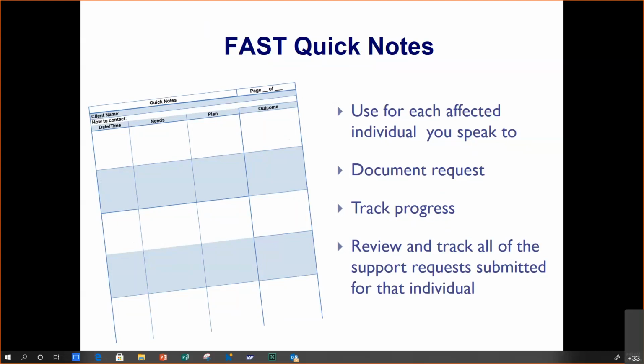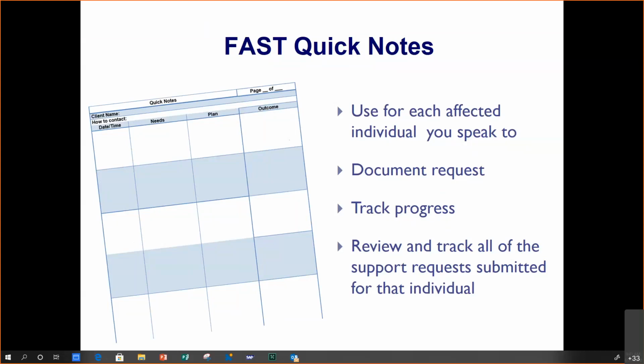So rather than putting down this person has sleep apnea, which would be a medical condition covered by HIPAA or personal information requirements, you put down this person needs a CPAP, and then the plan is to request a CPAP from so-and-so, and the outcome, they received the CPAP on this date, it was delivered, and they signed off for it.